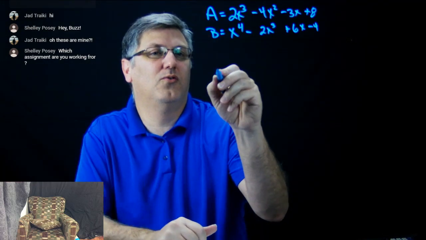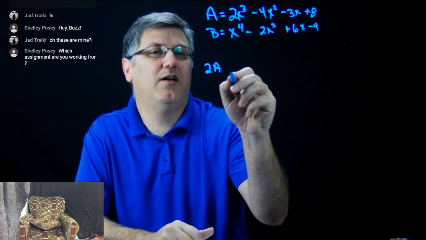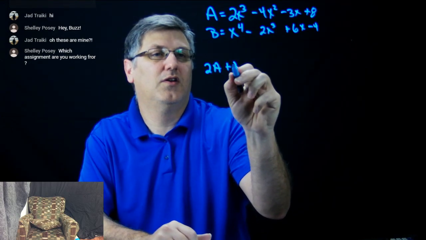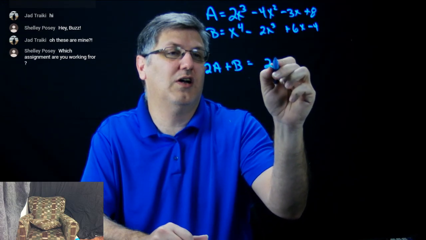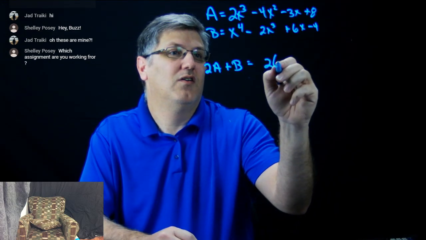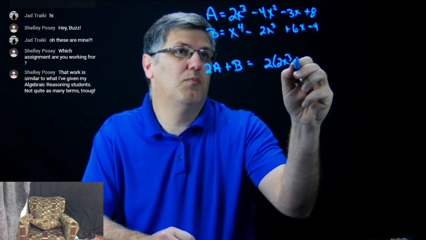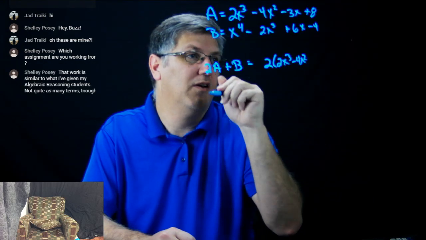Okay, same idea, but we're now going to do 2 times 2x cubed minus 4x squared.